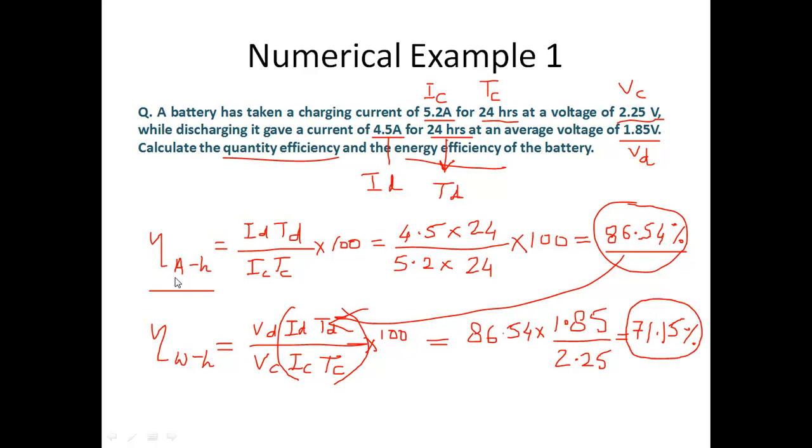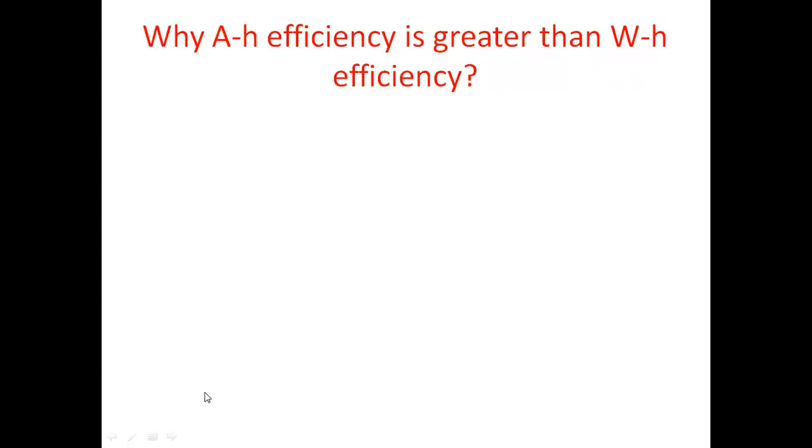It means that the value of eta AH is greater than the value of eta WH. So we will look into why the watt hour efficiency is less than the ampere hour efficiency. So this is the question: why is ampere hour efficiency greater than watt hour efficiency?